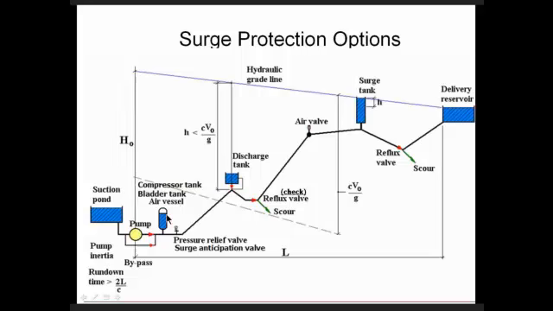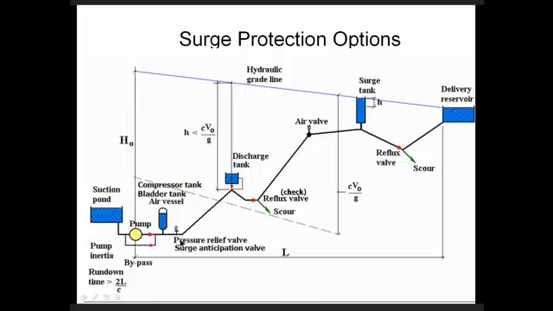Now, surge tanks. You have compressor tanks and bladder tanks. They're very similar. They're air over water. The only difference is the air would be in a bladder instead of directly over the water in a bladder tank. So these devices are available and work well.